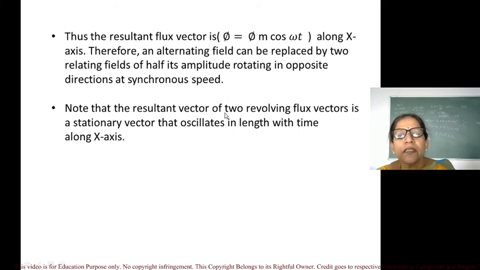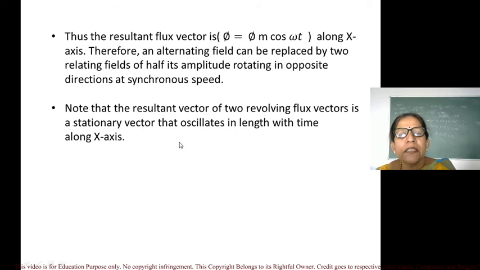Note that the important point to be noted is that the resultant vector's direction is not changing. It is a stationary vector which oscillates in length with time along the x-axis. How does it oscillate? As per the equation, phi is equal to phi m cos of omega t, but it is always acting along the x-axis.